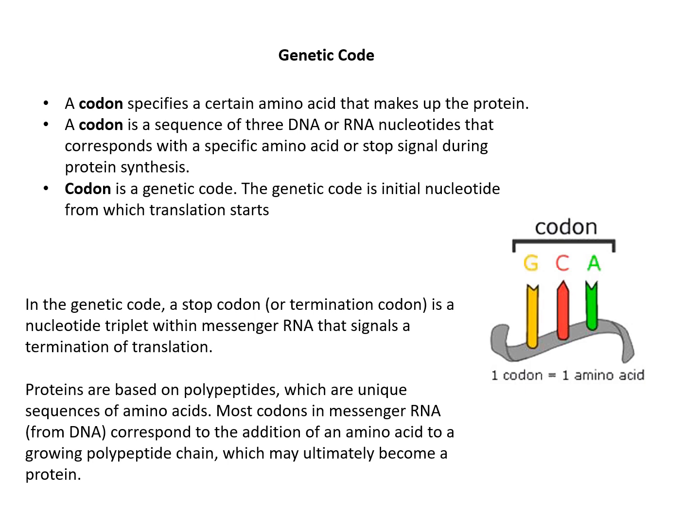Then it goes to the next 3, and now it's another amino acid, and there's a bond that occurs between those 2 amino acids, and it keeps going and going and going until it's told to stop. Okay? So a codon is a sequence of 3 DNA or RNA nucleotides. Same thing when it comes to DNA as well. But we're just interested in RNA because you want to know, well, what's being read. So the codon is the genetic code.